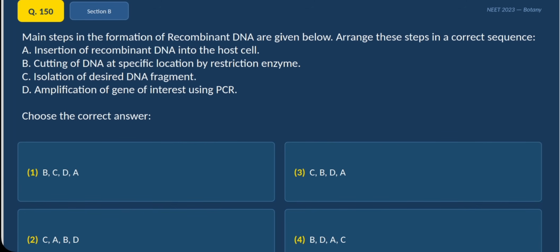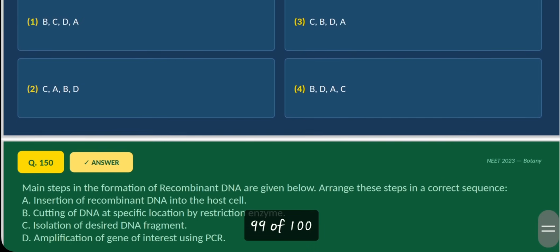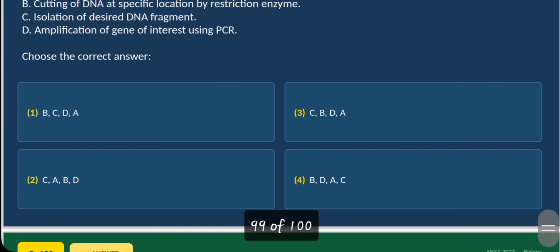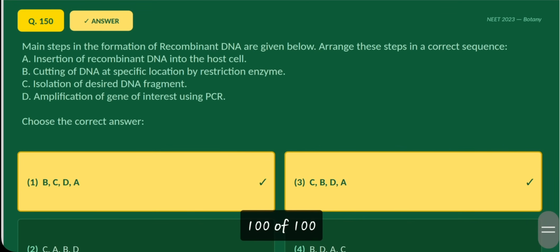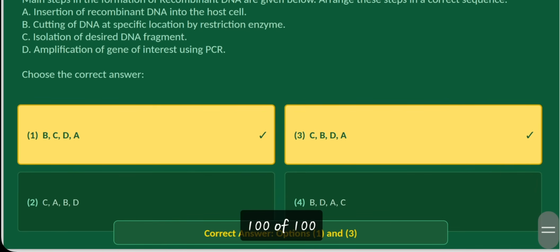So it looks like CDBA, or CBDA. Let us see the correct option. Here BCDA and CBDA both are possible, because there is ambiguity in the answer. Cutting of DNA at a specific location by restriction enzyme can be the first step, or isolation of the desired DNA fragment can also be the first stage. So both options are possible.